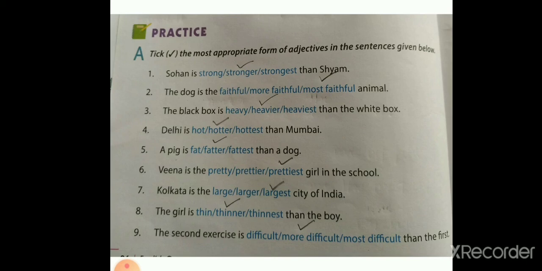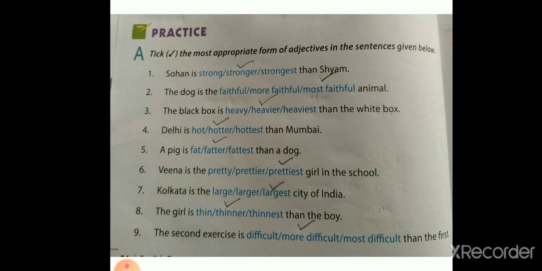A sofa is more comfortable than a bench. Ramesh is a fat boy. She is a more careless girl in the class. Raju's marks are the best in the class. The cat is the laziest of all animals. The baby looked cheerful yesterday.